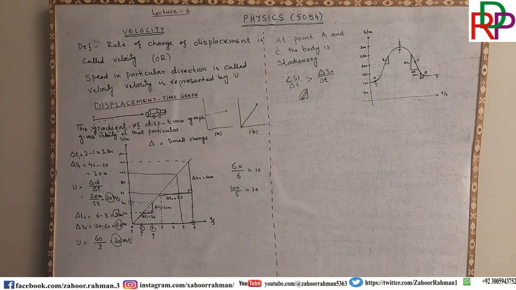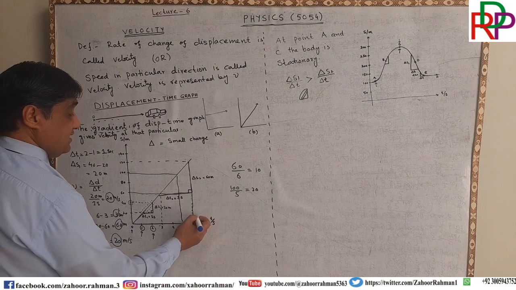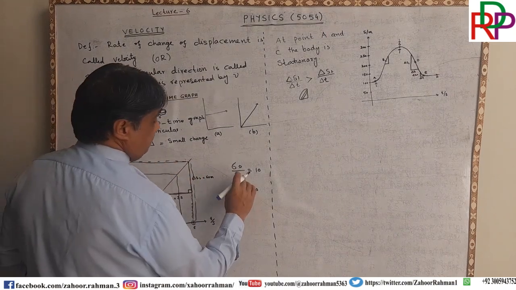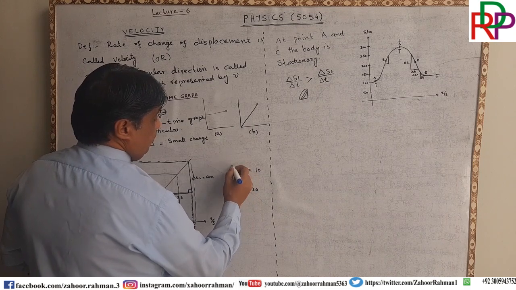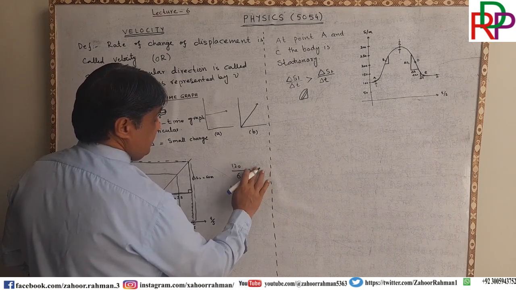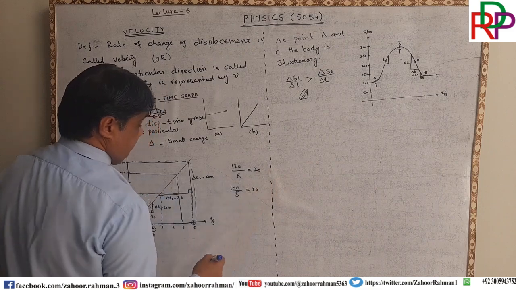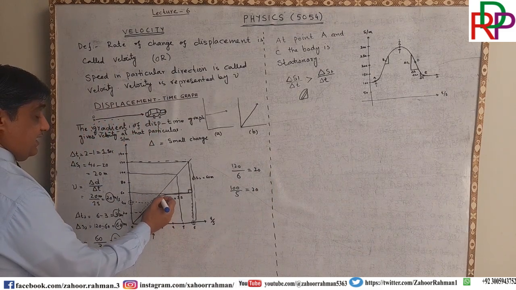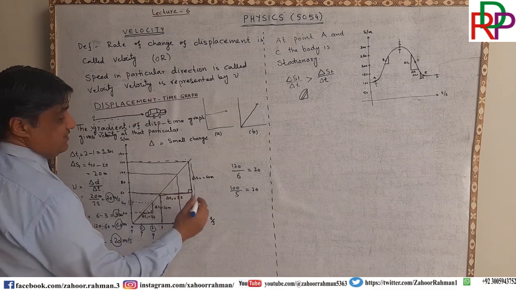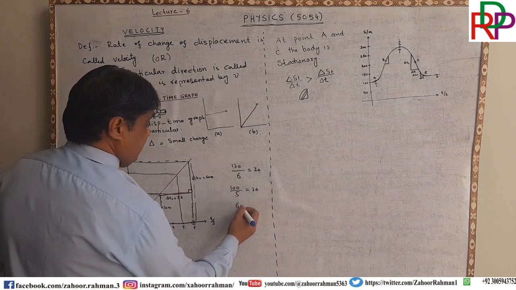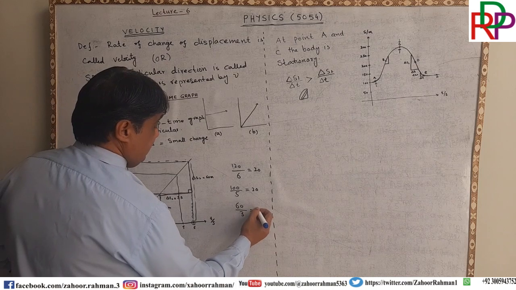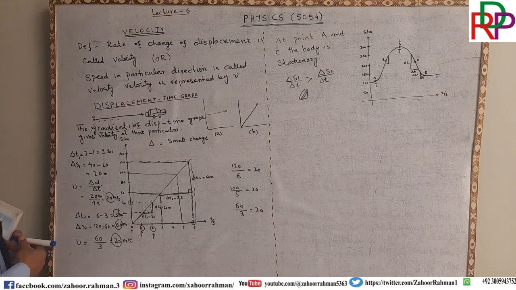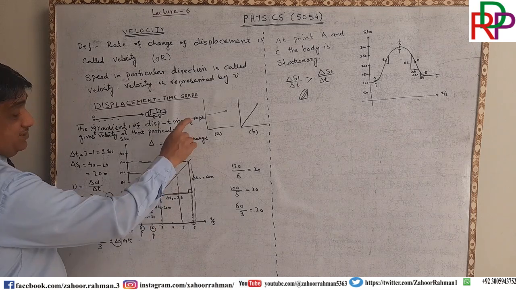For 6, if you are taking it is 120, so 120 divided by 6, again it is 20. For 3, if you are taking it is 60, so 60 divided by 3 is also equal to 20. So it means that it is uniformly increasing.